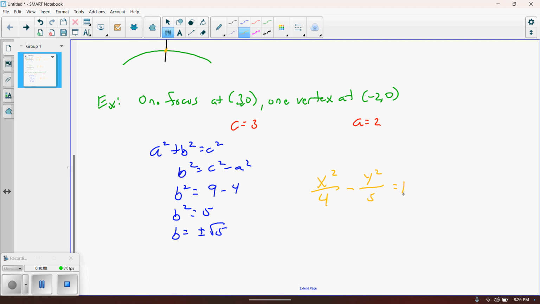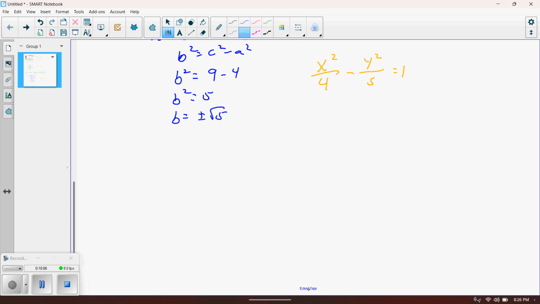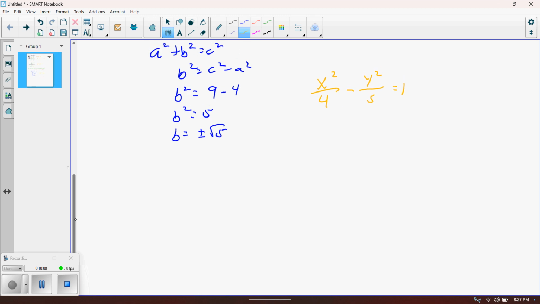Now, what I want you to recognize here when we go to graph this, if all you were given was the equation, this would be a relatively easy graph to sketch because if you wanted to find the x-intercepts, you would let y equal 0. That would make the whole y squared over 5 go away, and all you would have left is x squared over 4 equals 1. Multiplying both sides by 4, x squared equals 4. X is going to be positive or negative 2.